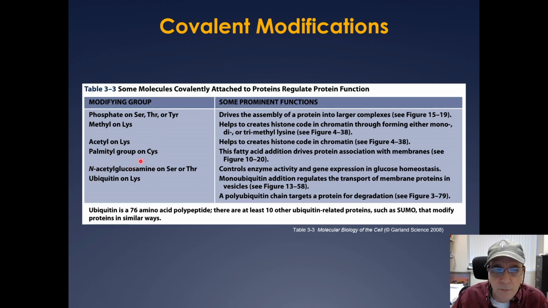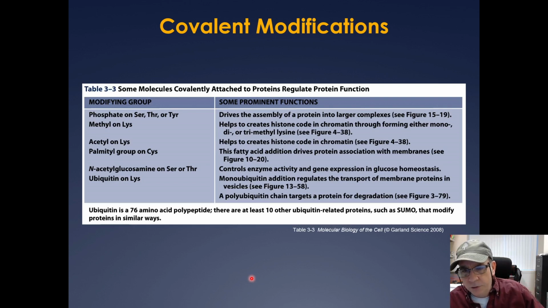And then you can have an N-acetylglucosamine added to serines and threonines, and ubiquitin added to lysines. A polyubiquitin chain can be used for protein degradation, and it can also be used for other things as well. Monoubiquitination versus polyubiquitination cause two different things, but we'll get to that later on in the term.